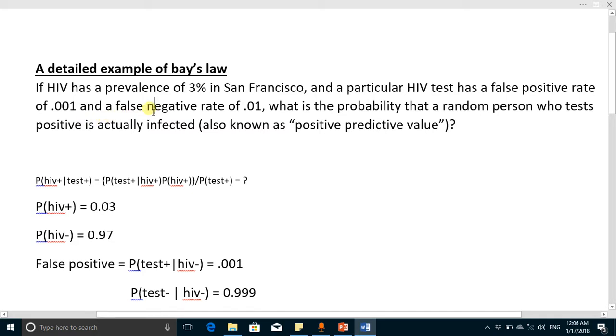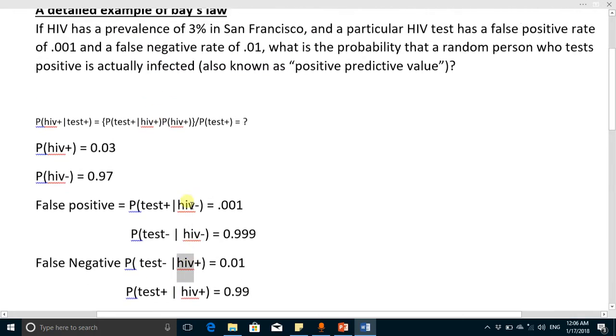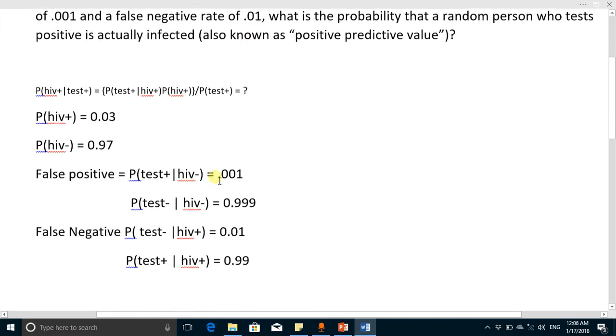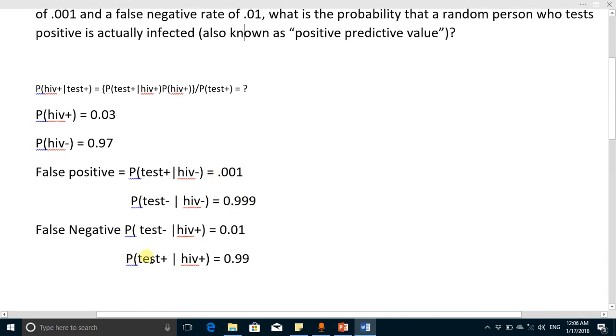Given the person has HIV positive but the report is negative, it has probability of 0.01, and for calculation of probability of test positive given HIV positive, we will subtract this value from the whole probability, that is 1 minus 0.01, which will be 0.99. So we have computed these values that we will use in this formula.